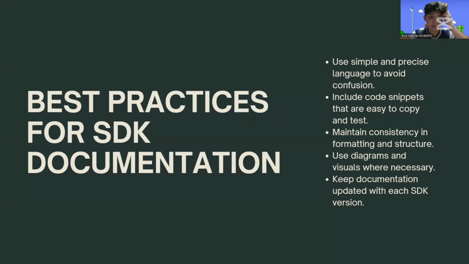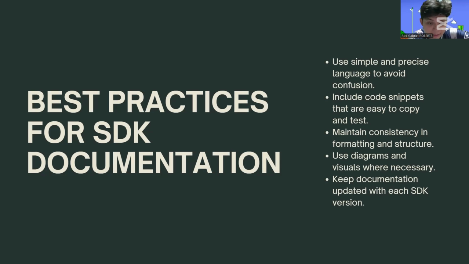Best practices for SDK documentation. To ensure clarity and usability, SDK documentation should use simple and precise language. Use precise language to avoid confusion. Avoid technical jargon when possible to make it easy for all developers to understand.